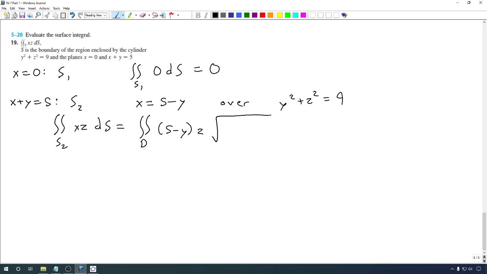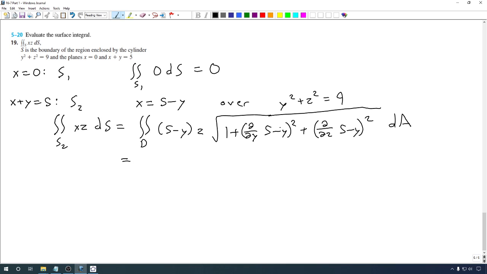Then we have the square root of 1 plus the derivative of x with respect to y. So I'll go ahead and even write that out. So the derivative with respect to y of 5 minus y, squared. But then we also have the derivative with respect to z of x, or 5 minus y, squared. That'll be dA, where that's going to be a dy and a dz in whichever order we put it in.